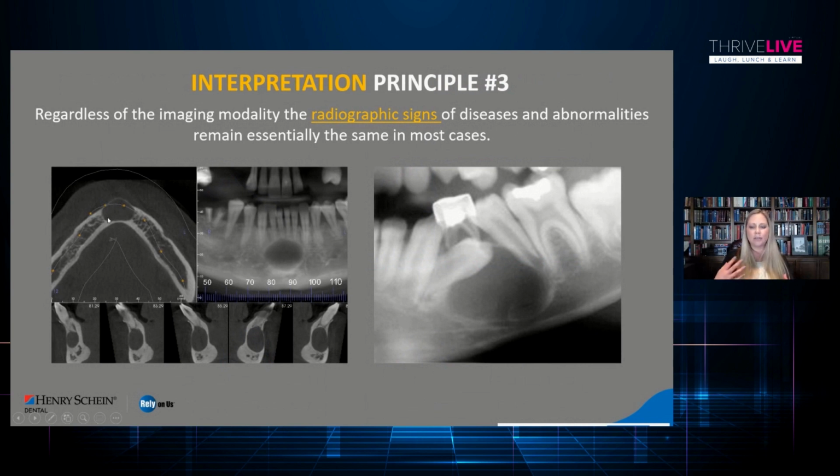You're still going to have a hydrostatic appearance, expansion of cortical borders, that sort of thing. And so we can still see that we have the same radiographic signs based on just imaging characteristics. It doesn't matter if it's 2D versus 3D. And so you're really not having to reinvent the wheel. Cyst looks like a cyst. A tumor looks like a tumor, that sort of thing.